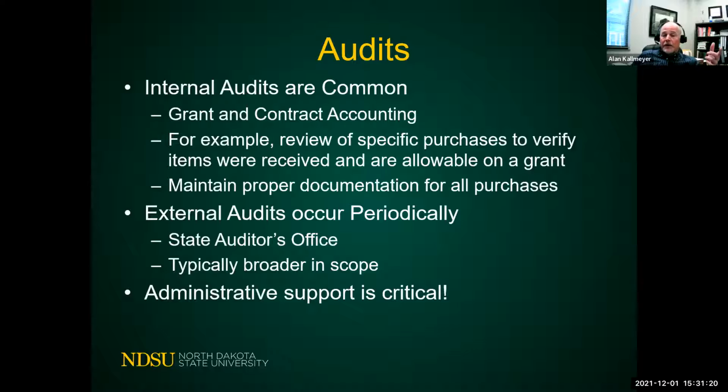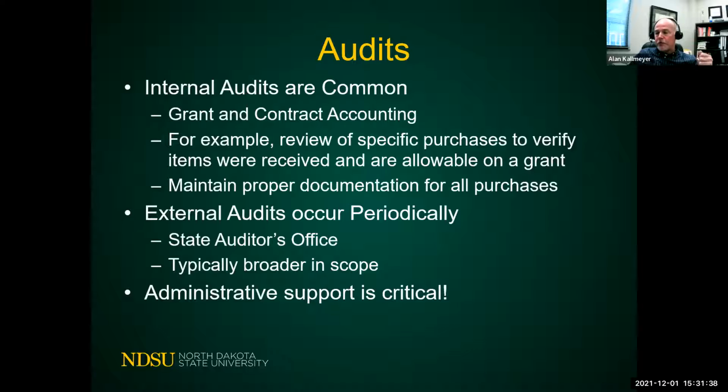And so we get this on a routine basis where GCA will come to us and say, hey, show us the documentation you have on this particular purchase. And with our method, with the paperwork that we have, we've got a very solid paper trail.